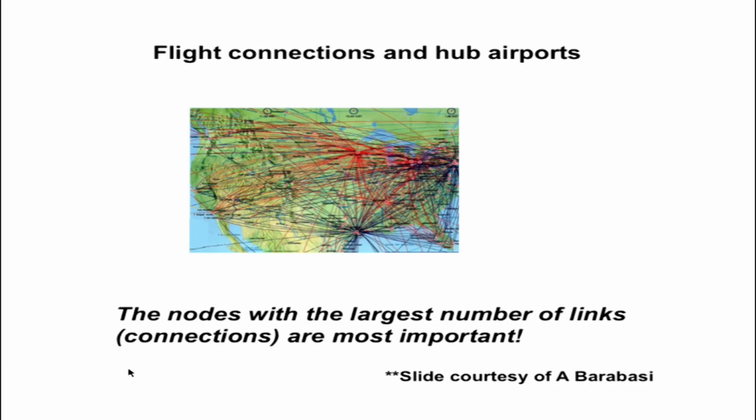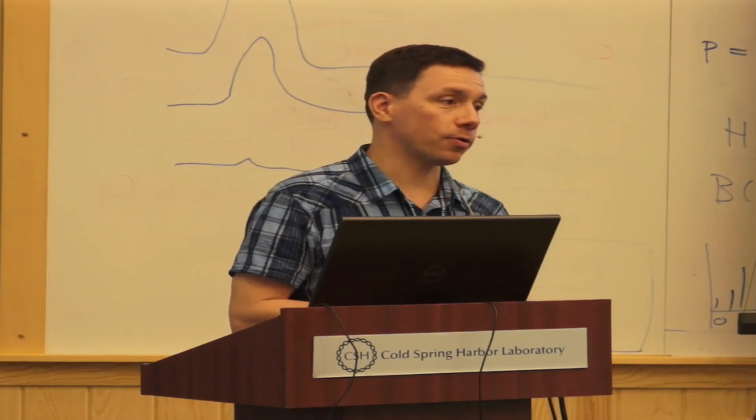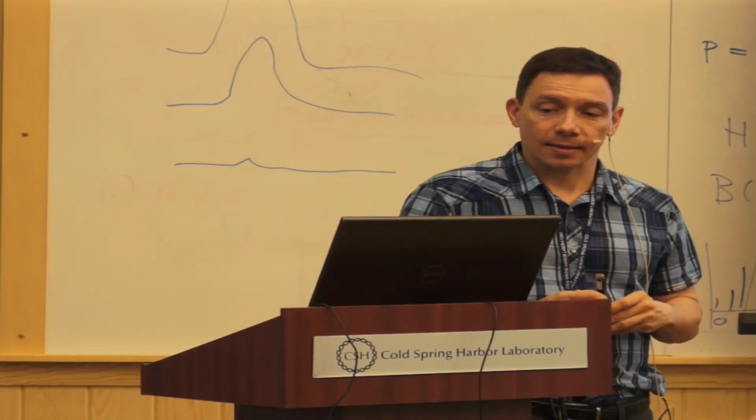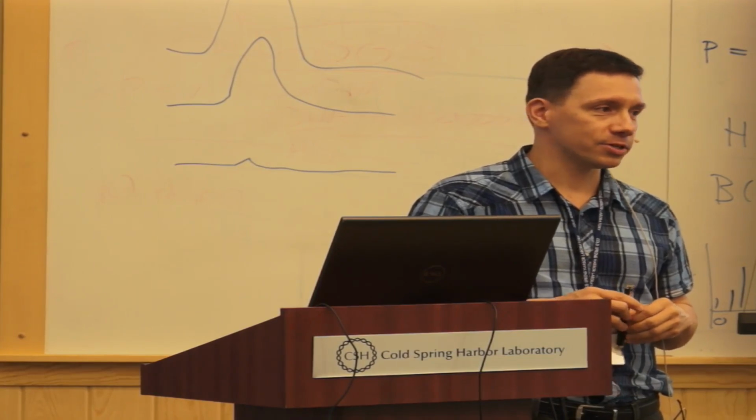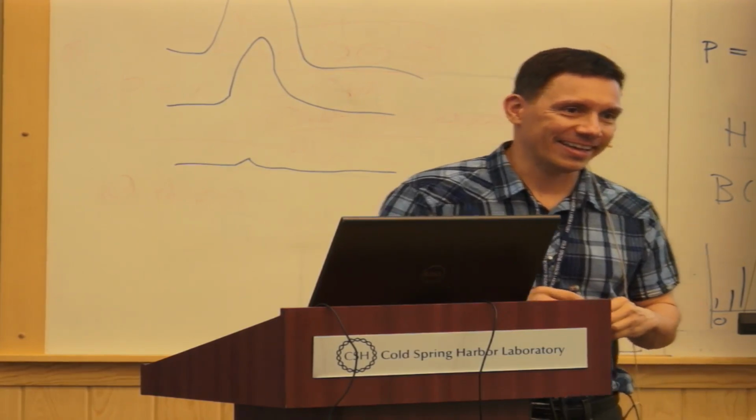And so this type of intuition led people to suspect that hubs in gene networks are also important, right? It's very tempting to come to that conclusion. And people worked on it. And I also worked on it. But the problem is that this intuition is actually wrong.